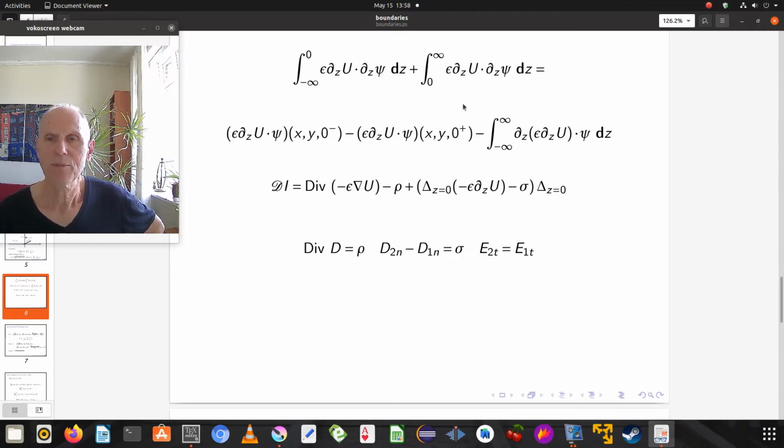And then we combine the two here. And these, of course, give the divergence of epsilon times the divergence of u.